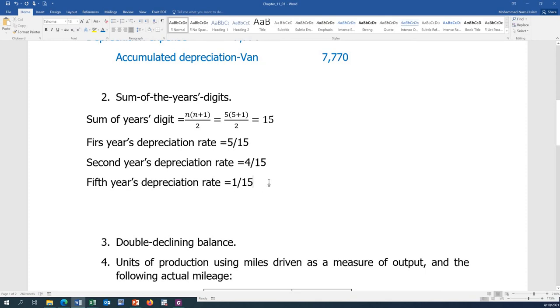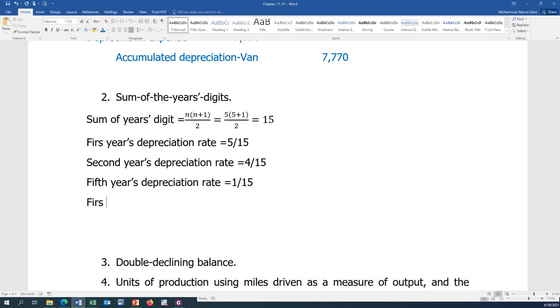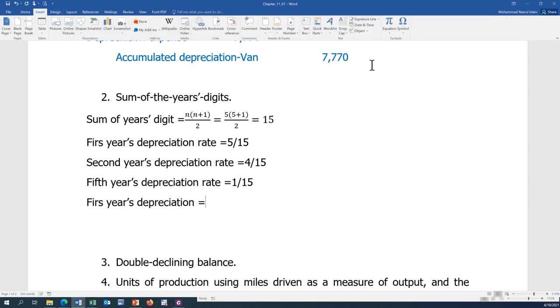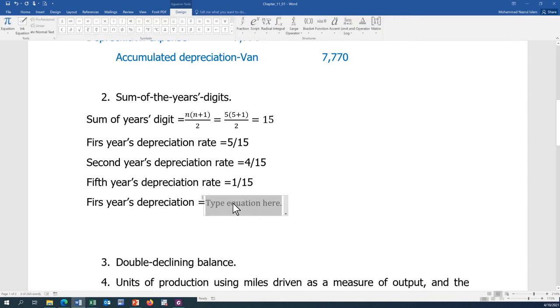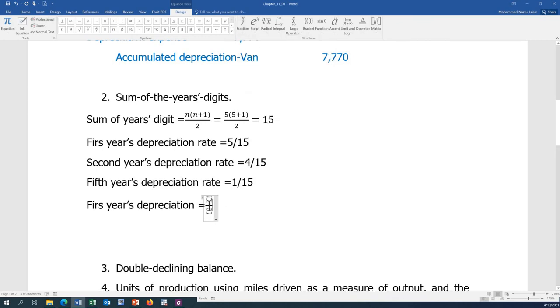So let's calculate the first year's depreciation. First we need to calculate the depreciable base.